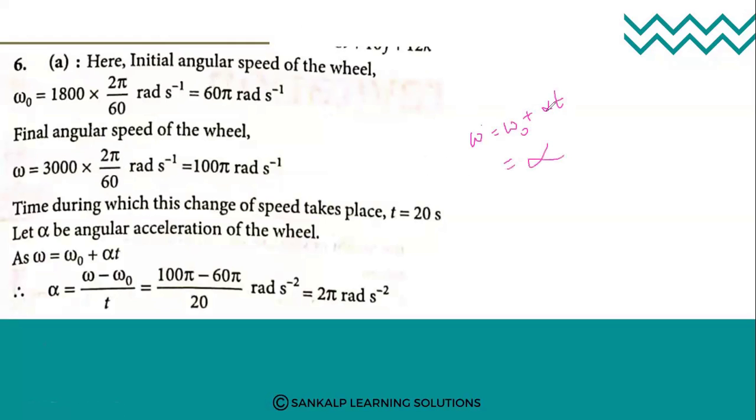Alpha is the angular acceleration. So angular acceleration is omega minus omega naught divided by t. The omega value is 100 pi, minus 60 pi, divided by the time, which is given as 20. If you simplify, it will be 2 pi radian per second. That is, option A is the right answer.